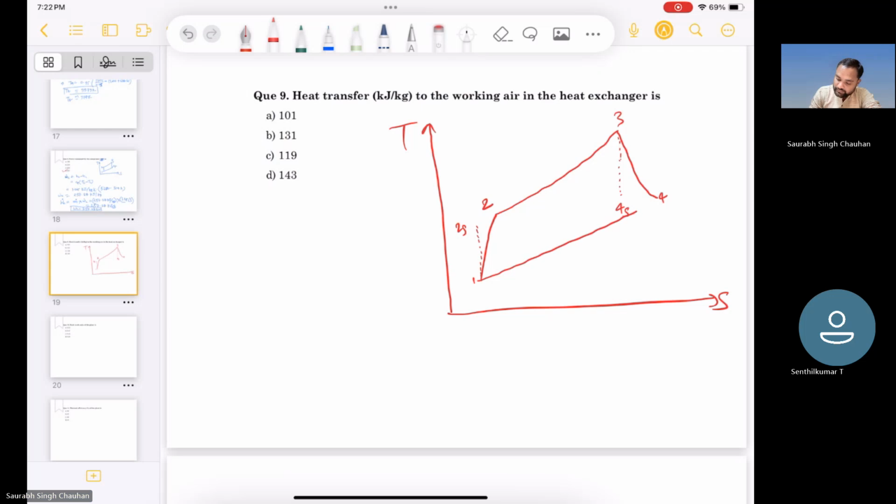And then there is heat exchanger. So heat exchanger means instead of adding all the heat in 2 to 3, first of all we are preheating this air. Okay, so 2 to let us say 5, it is heat exchanger.